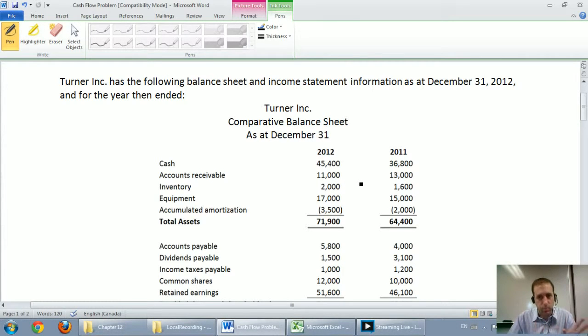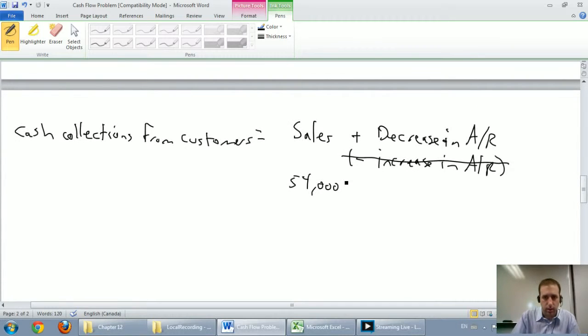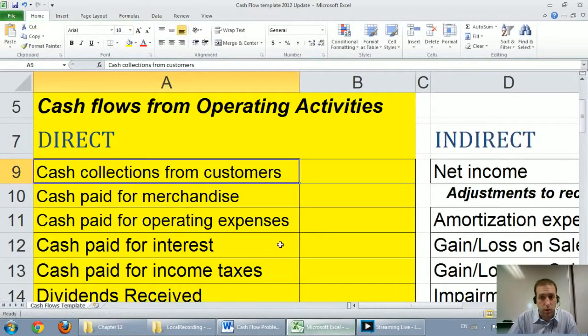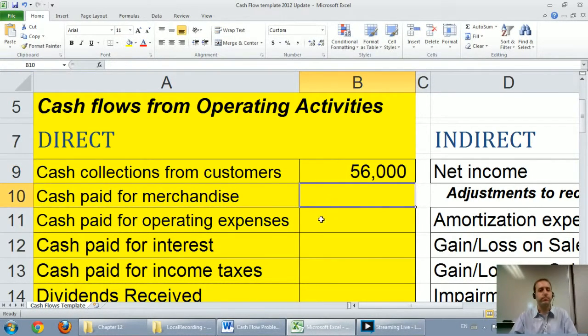Had it increased, I would subtract it, but because it decreased, I added. So 54 plus 2 is 56,000. I'm going to fill that number into my chart now. My cash collections from customers were 56,000.